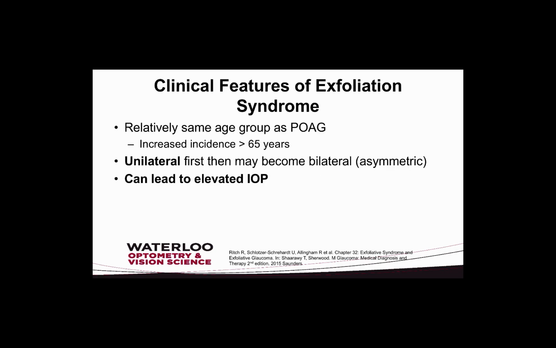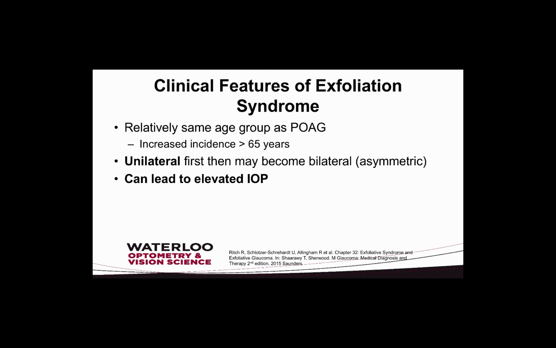So one of the main features of exfoliation syndrome that's important to keep in mind is that it does develop in the same age group that we would expect to see primary open-angle glaucoma. And so it's not uncommon for exfoliation glaucoma to be misdiagnosed as primary open-angle glaucoma if gonioscopy or other features go missed, or dilation or what have you.